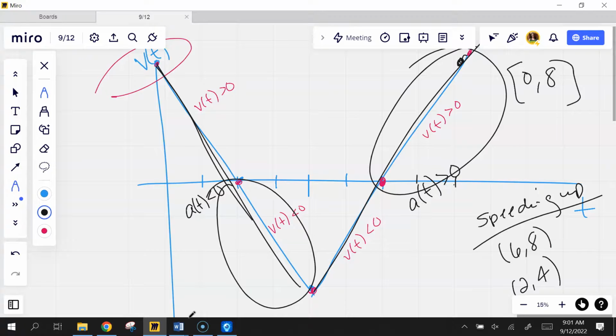Oh, wait. So I do change direction at 2. But acceleration is constantly negative there. So then I speed up after 2 seconds. I speed up, but I'm still going in the same direction. I'm still moving left. Does that make sense?